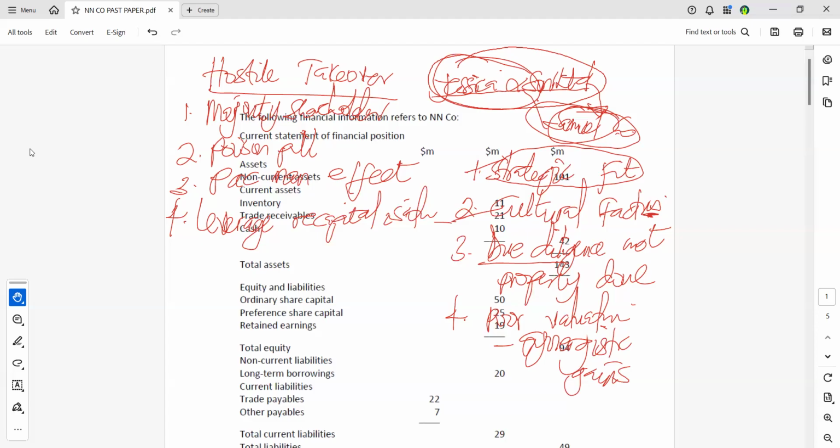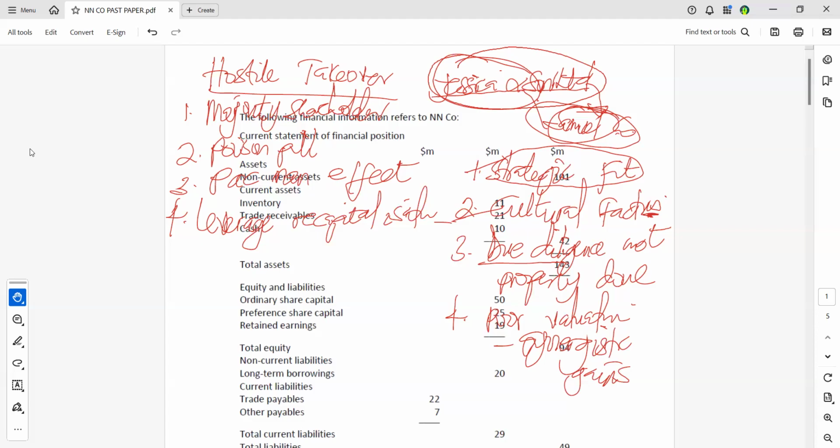Then the last bit is poor valuation. The technique that you have used, for example, if you decide to use the net asset valuation technique, meanwhile this company is not going into liquidation, then you are going to get a value which is not reasonable. And in that case, you are not getting the synergy that comes with the acquisition, and you are going to be in a big problem, lamenting on all those bits.